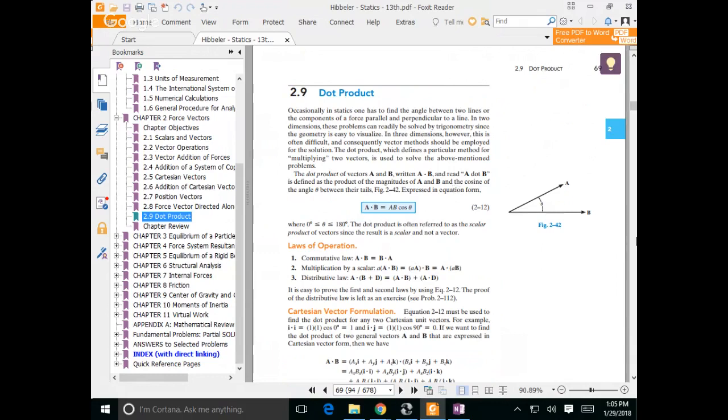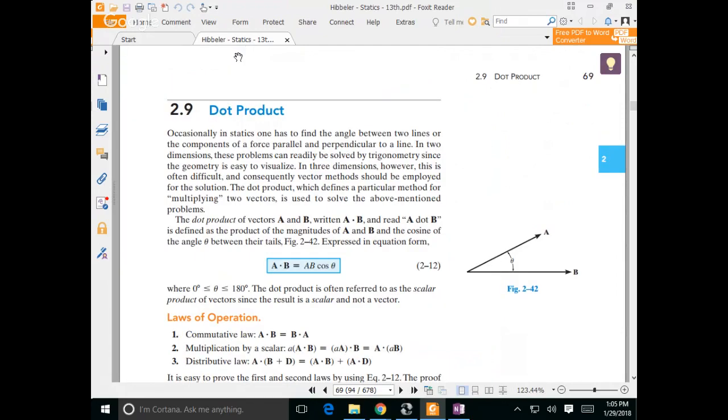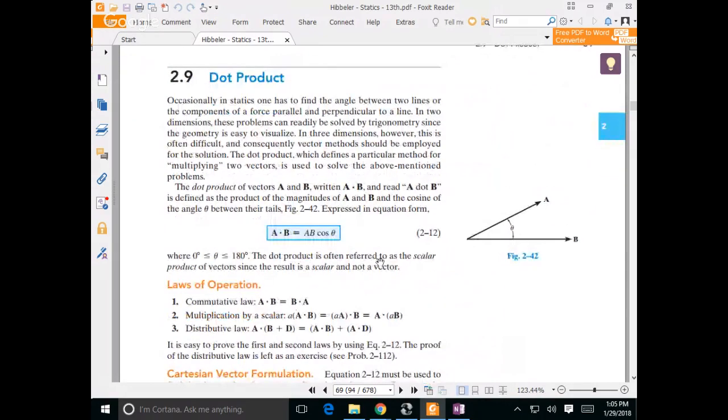So where'd the pen go? Oh, here it is. You've seen the dot product before, haven't you? I hope you have. If you've got two vectors, A and B, the dark ones are vectors and the light colored ones are the lengths of the vectors.